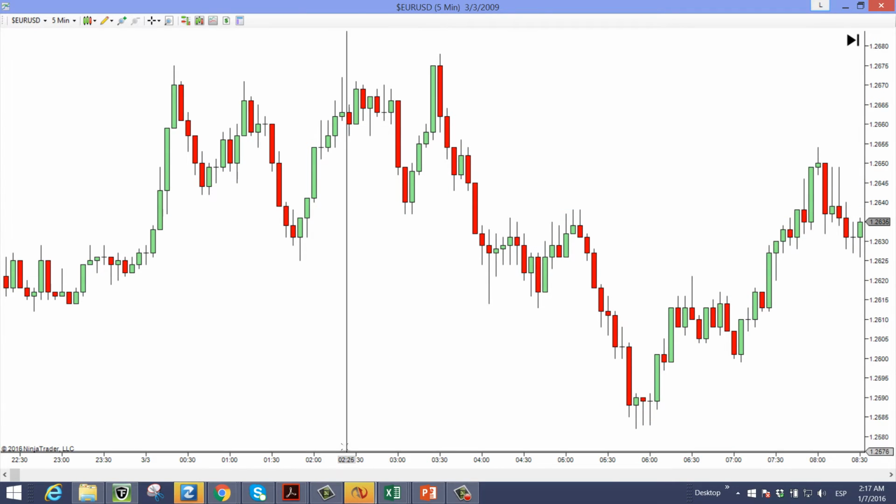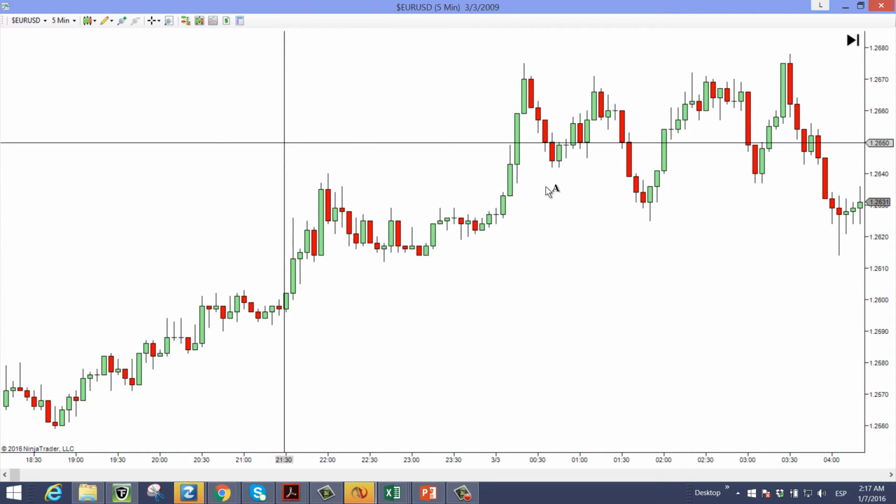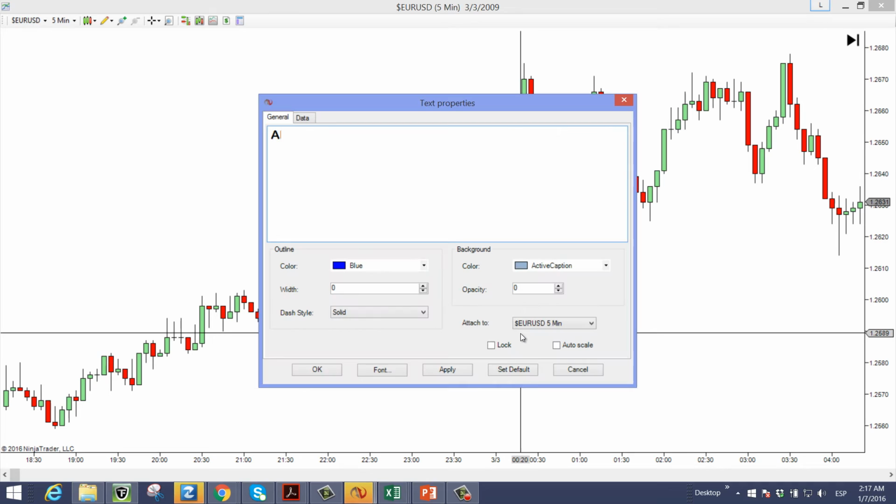If I go right here and I want to backtest, let's say, an ABCD pattern on the EUR/USD on the 5-minute chart, from 2009 to 2016.